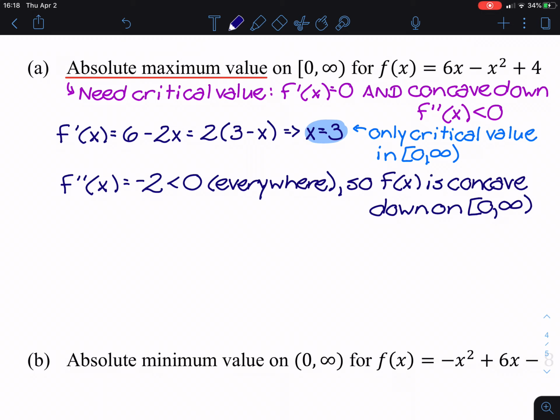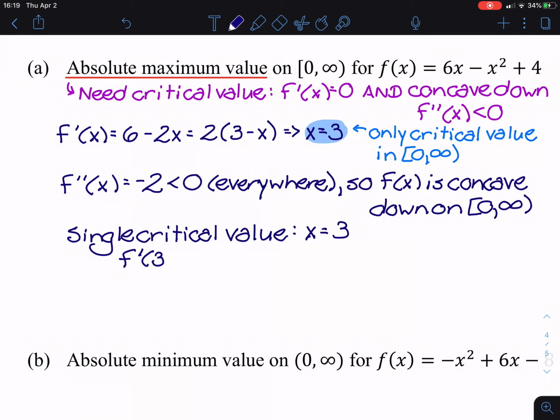All right. So remember, I have a single critical value, that was x equals 3, and f prime of 3 is equal to 0. And the other thing we were looking for was the second derivative.